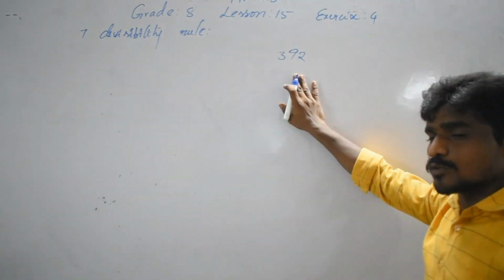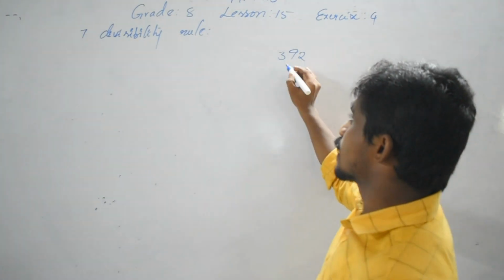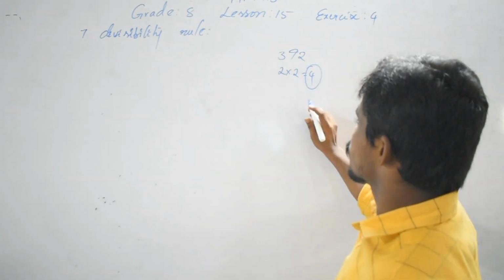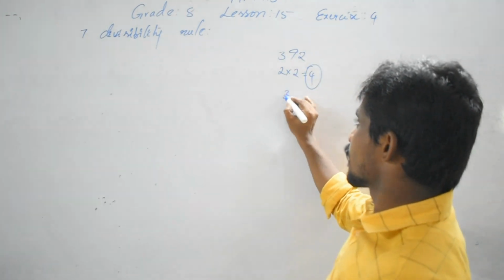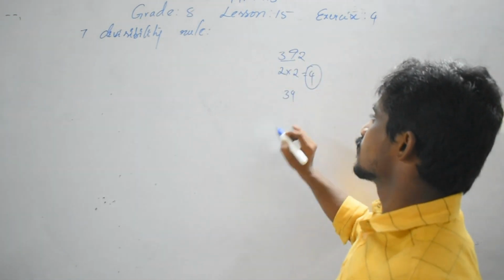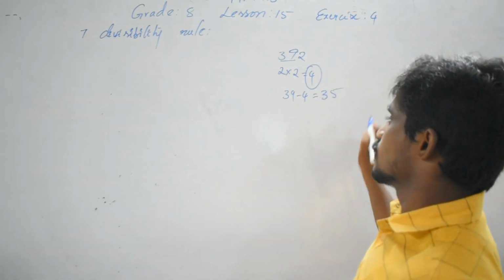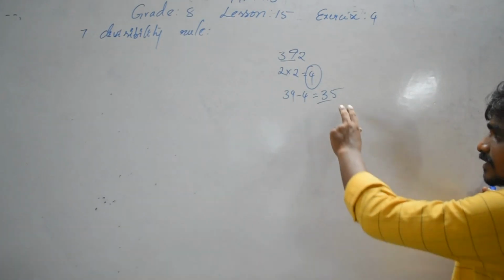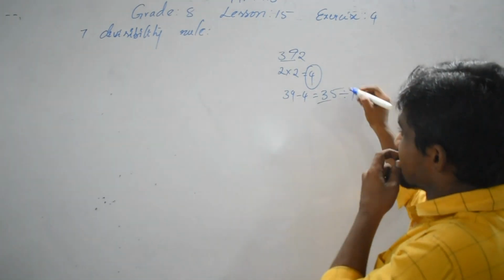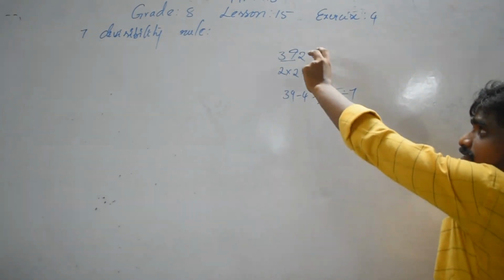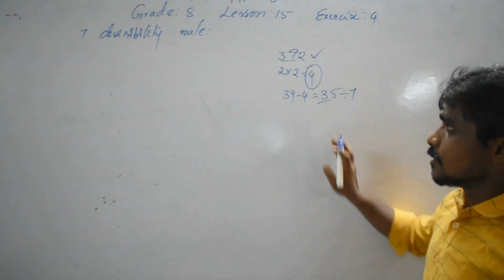How do we use it? Take the last number twice: 2 twice is 4. Subtract these 4 from the remaining rest of the number. 39 minus 4 is 35. This number is divisible by 5, so this is also divisible. These numbers are not divisible, this is also not divisible.